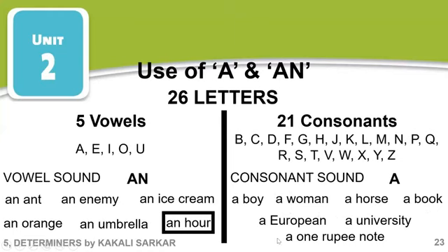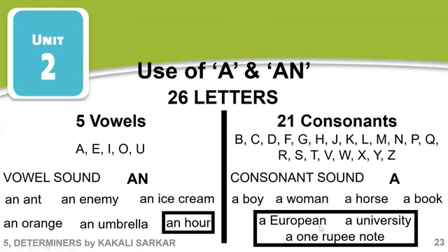Now, the case of European: E is a vowel. University: U is a vowel. And now 1 rupee note: O is also a vowel, but still we have put a. But they are correct, children. Why? Because in all three cases we are pronouncing a consonant sound.